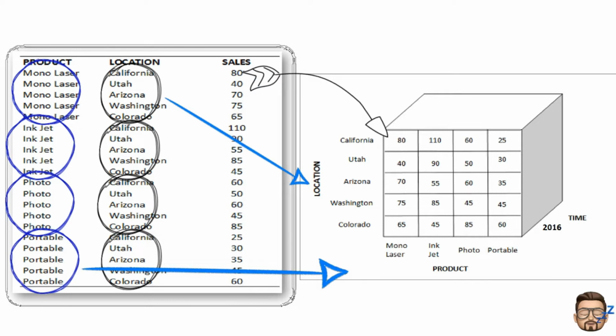The sales of monolaser in Utah is 40. That's the intersection of Utah and monolaser. The cell will be 40. And so forth until you finish all the data inside your table. For instance, the last data in this example, portable sales in Colorado, is 60.